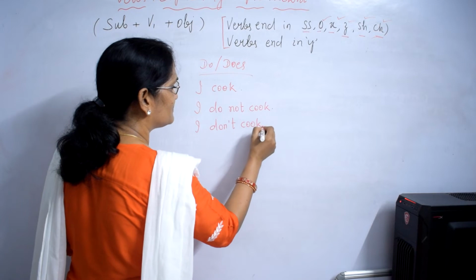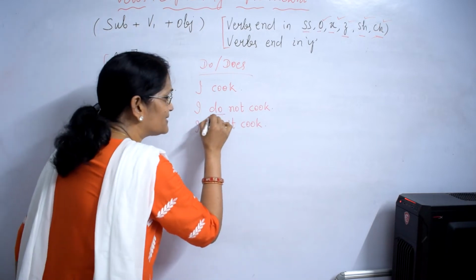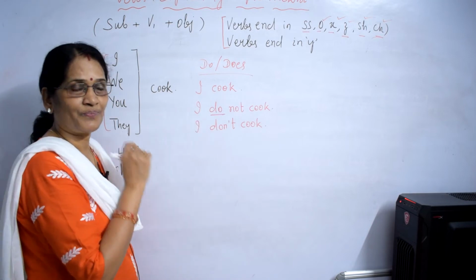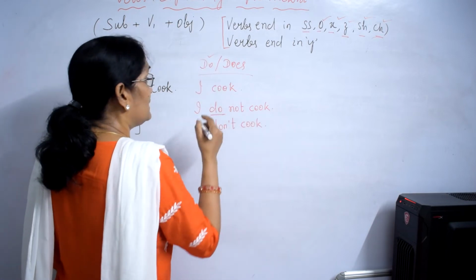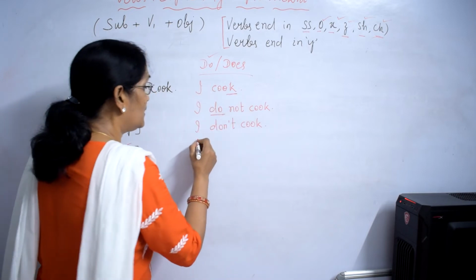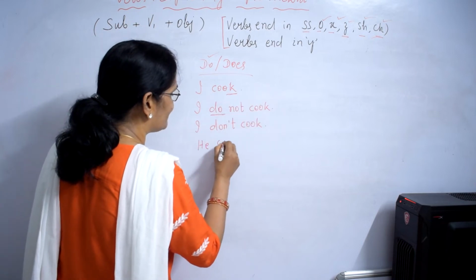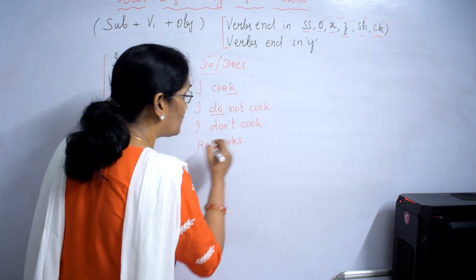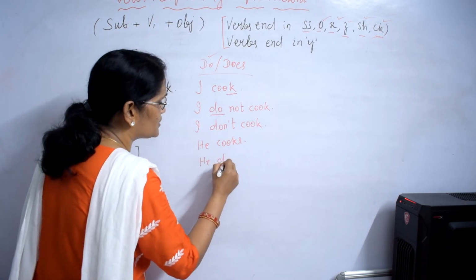Very simple. Here we use do. I do not cook, as there is no S or es in the verb. If the sentence is he cooks, what will it be in negative? He does not cook.